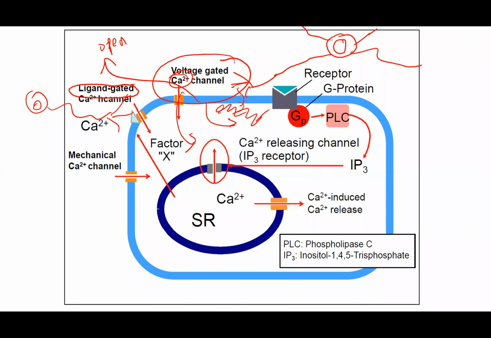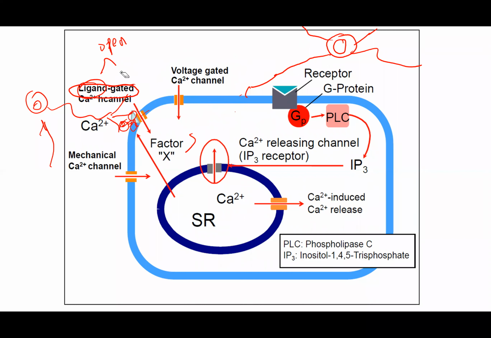Anyways, this neuron releases a neurotransmitter, which binds to this channel and causes its opening. So it's a ligand. This neurotransmitter binds directly to the channel, which opens it, and this causes the calcium to come in. So that's the second source of calcium. Let me delete this really quickly so we can see it a lot better.